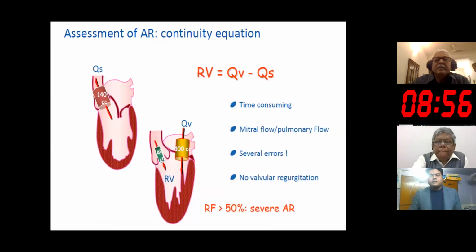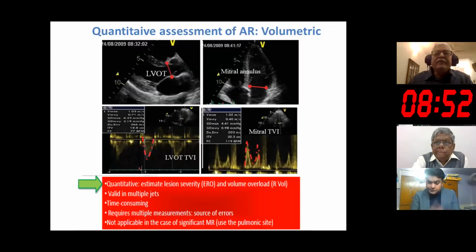Now, the other method is the volumetric method, where you go in for the quantitative assessment. We are using the output, that is the stroke volume at the LVOT level and at the mitral annular level. If there is a mitral regurgitation, of course, you cannot use it at the mitral annular level, and then you can use the pulmonic side. However, a lot of discrepancies will come if you're not used to using these methods.